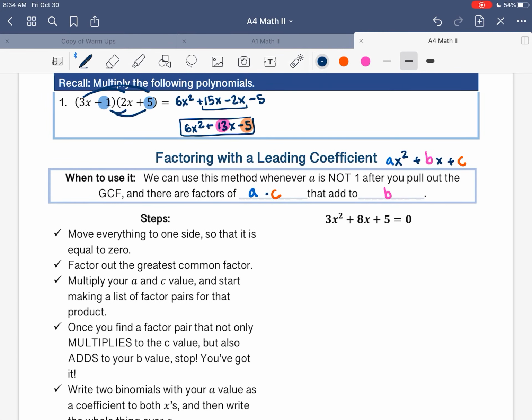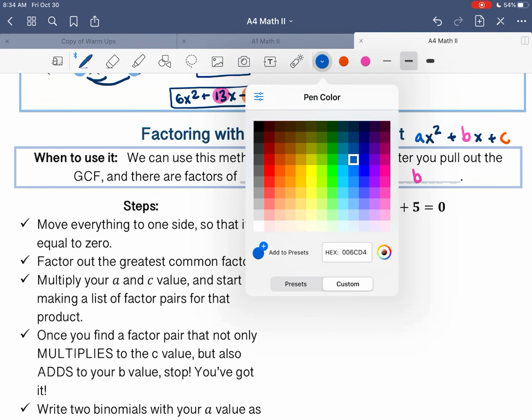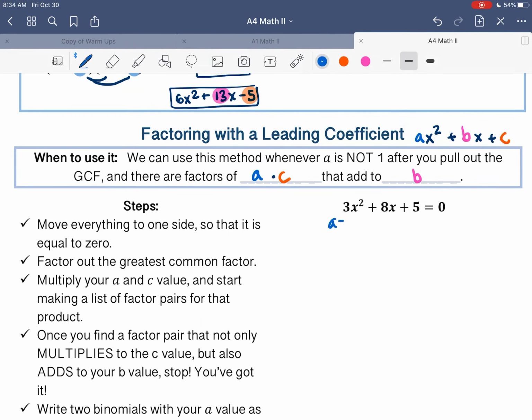So we're going to just follow the steps on the left and factor this quadratic on the right as we go. First we're just going to identify a, b, and c really quickly. It's always a good thing to practice. A is 3. B is 8, and C is 5.